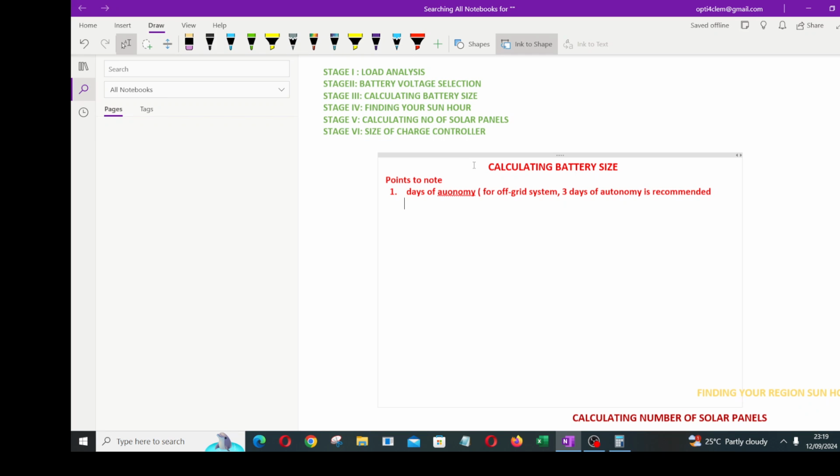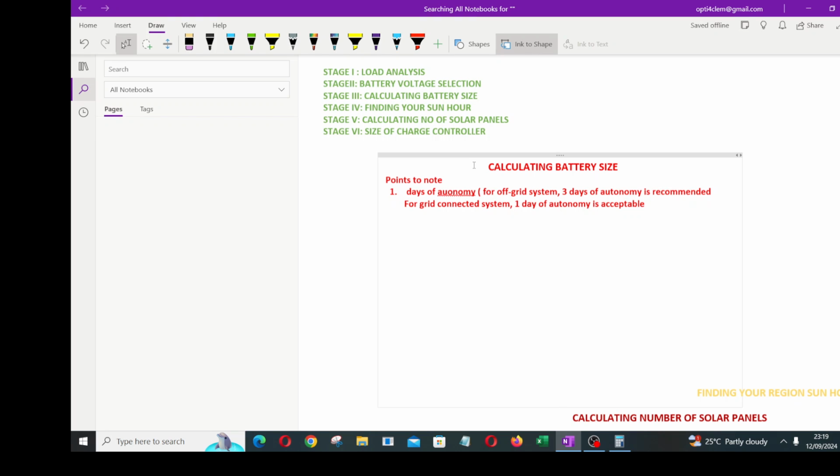Now, for on-grid or grid connected system, 1 day of autonomy is acceptable.